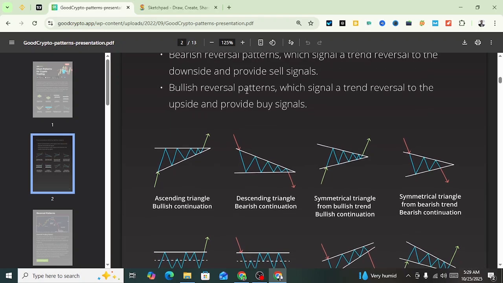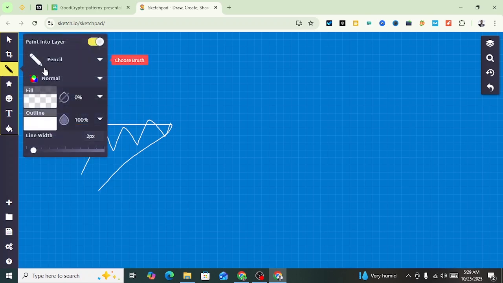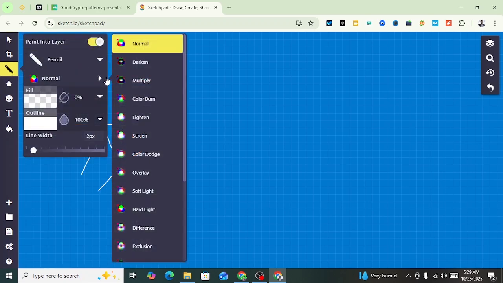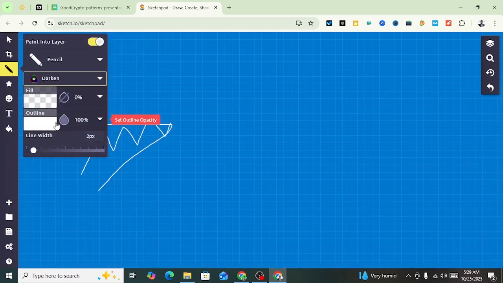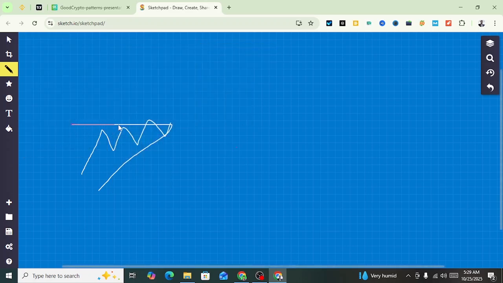If we see this market, you can see it going from down to up, and this is the pattern the market makes. If you understand this pattern, it will be better for you.